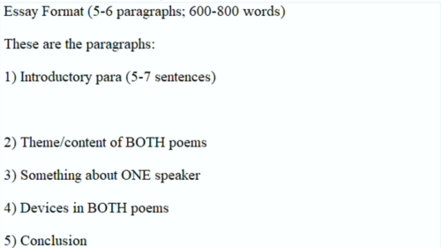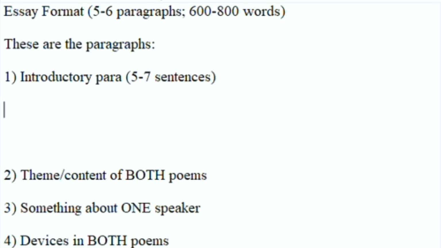This is what you're aiming for in your intro paragraph. You're going to start with a hook. That is the first part of the intro. It's going to be 1 to 2 sentences. What is a hook? The hook is an interesting, an exciting, a fascinating statement that is basically there to grab your reader's attention.